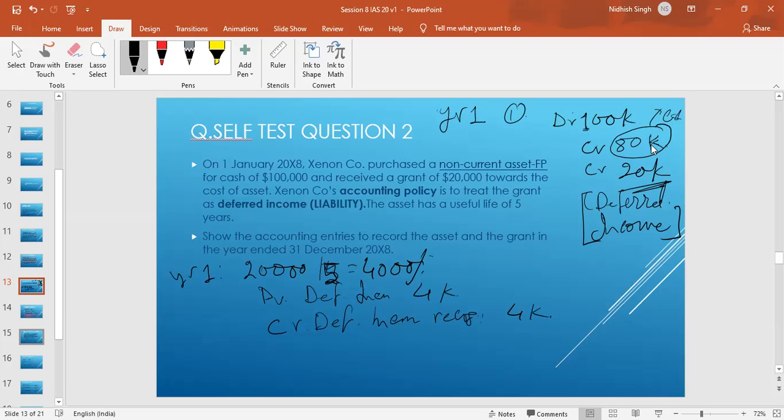Now this will make your final position of deferred income in the year 1 balance sheet, a liability of only 16K. And you have in P&L income also recognized as 4K, right? So this should be the entire scenario for this.